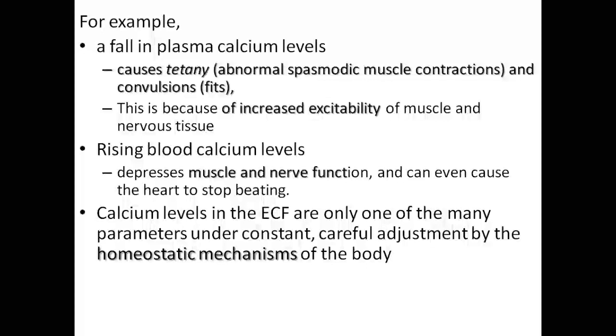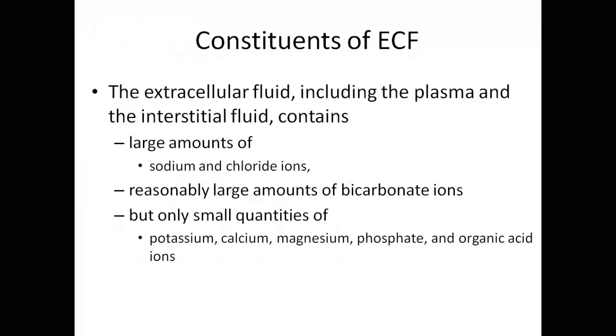This is only the case of calcium, but all other parameters or constituents are important, and if the homeostatic mechanism is poorly adjusted, it will affect their function, or it will affect the nearby cells.